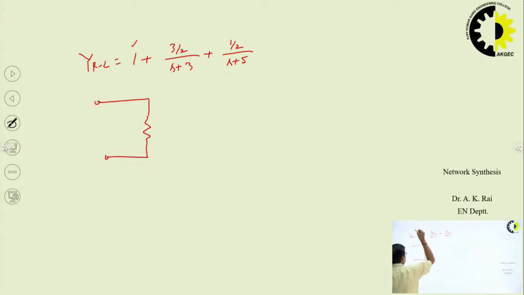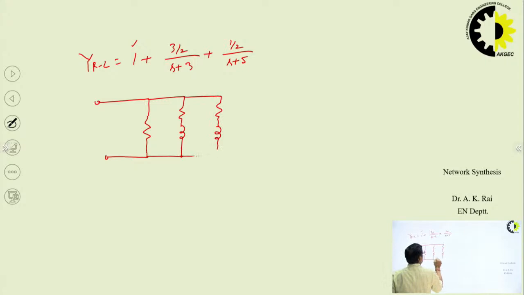This is admittance, so it is conductance. Then we have R1 L1, this is R2 L2, and this is R infinity, so it is 1 mho. Now we have to find, basically it is R infinity.